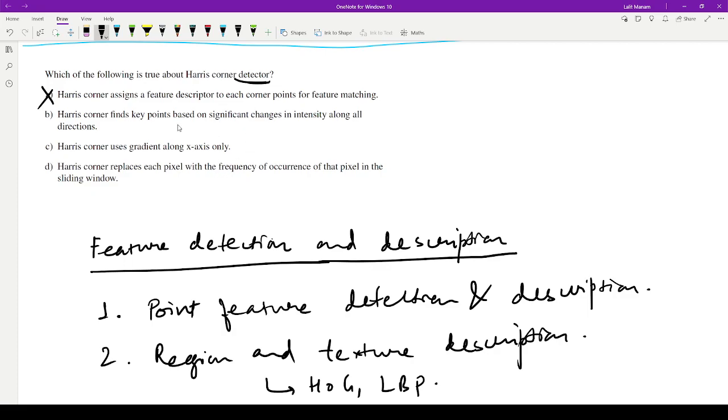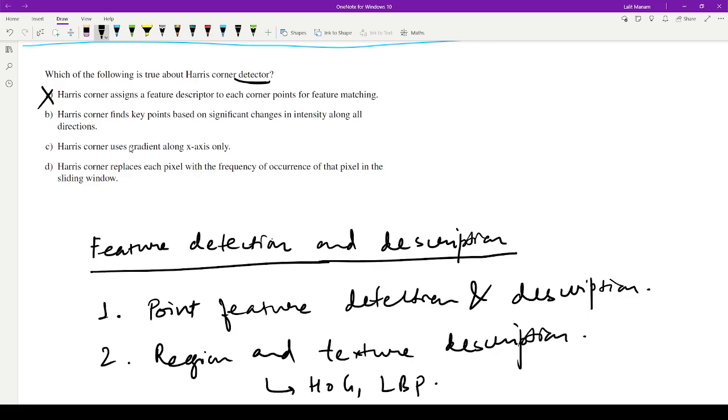Harris Corner finds key points based on significant changes in intensities along all directions. Do you think it is right? Yes, because the corners are detected based on the intensity.